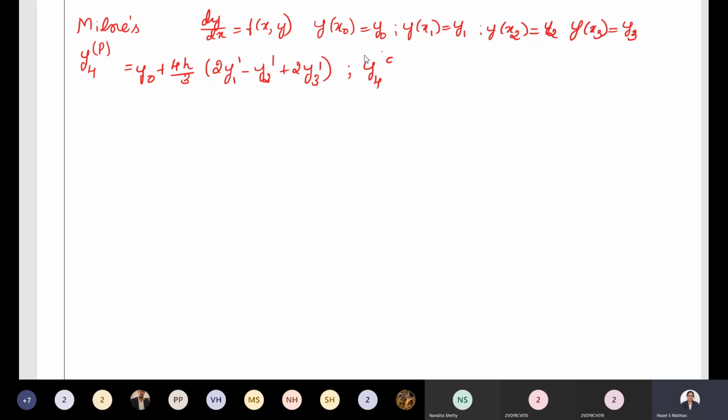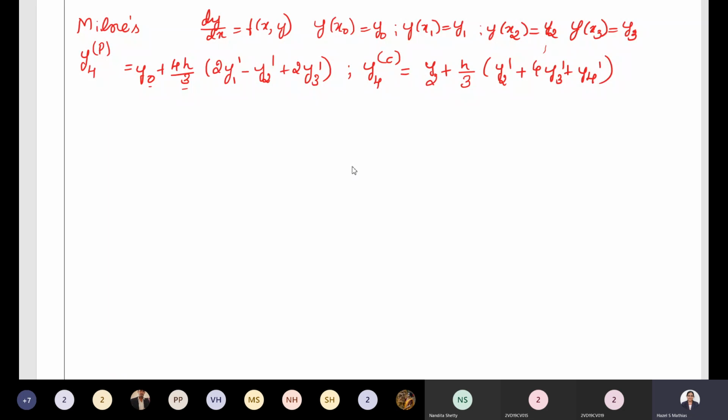Milne's corrector formula starts with y2, and here it was 4h/3, that's why it is h/3 over here, then y2 dash plus 4 y3 dash plus y4 dash. These are Milne's predictor and corrector formulae. I hope you have learned how to remember these formulae.